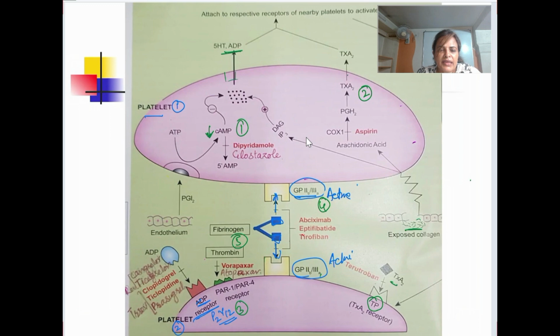So one mechanism is this cyclic AMP, which is formed from the ATP, it gets degraded into 5-AMP by phosphodiesterase enzyme 3. So if I give a phosphodiesterase inhibitor like dipyridamole or cilostazol, then what will happen?